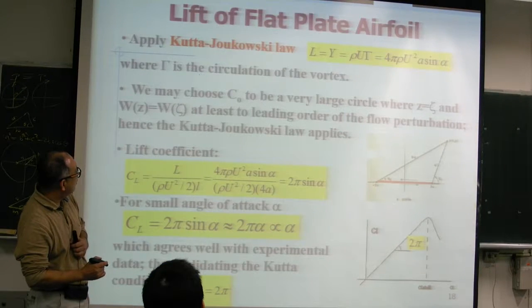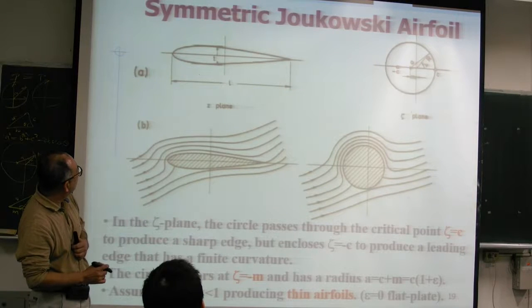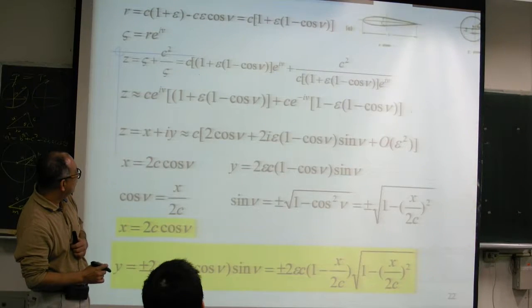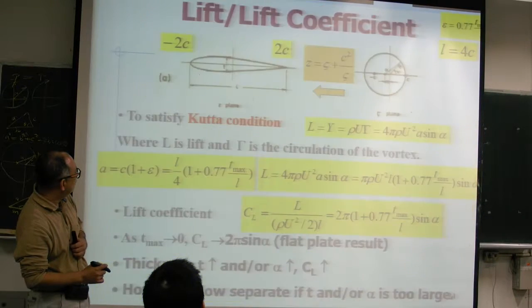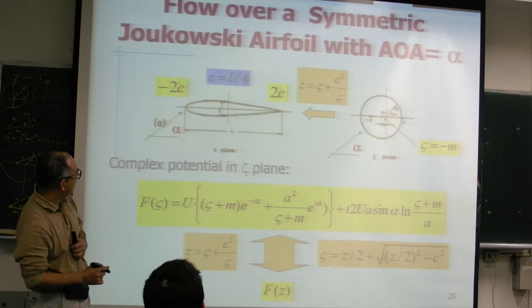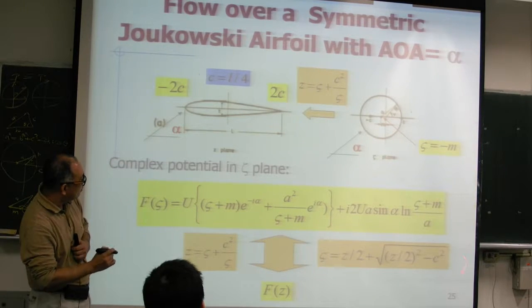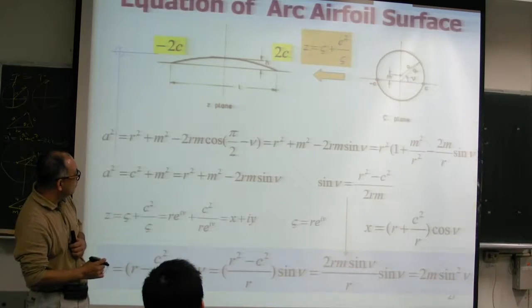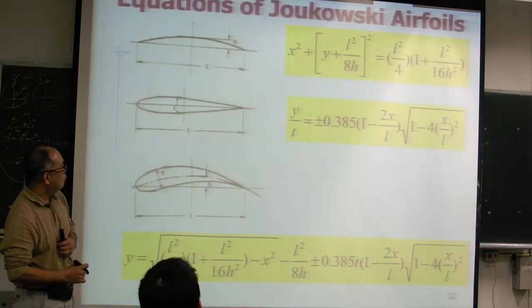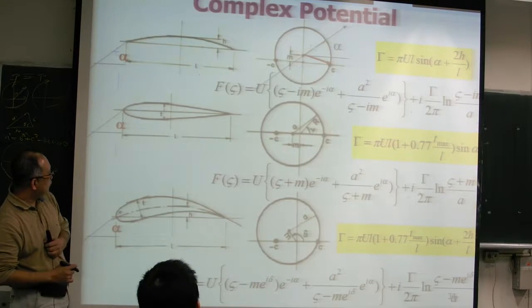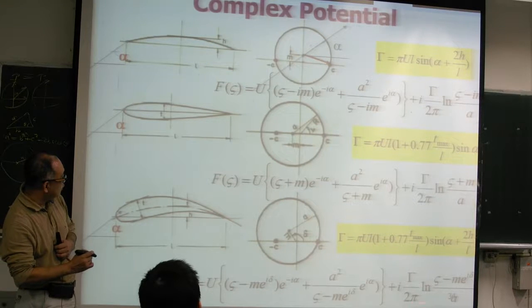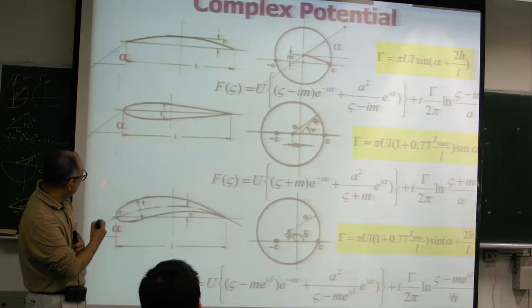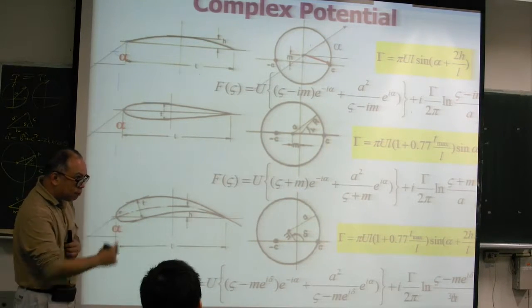Where is that? I didn't find it. It disappeared. Where was the formula, z equals what? Oh, here, zeta is equal to this, right? So by applying this zeta into all the formulas here, you can get the complete potential for this.